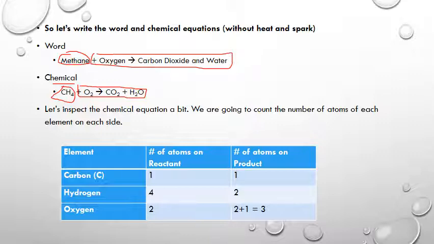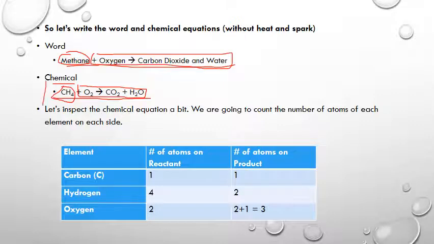This is the initial chemical equation. So you have your word equation and chemical equation. For this type of reaction, write the word equation for the combustion of methane, and write the chemical equation for the combustion of methane.